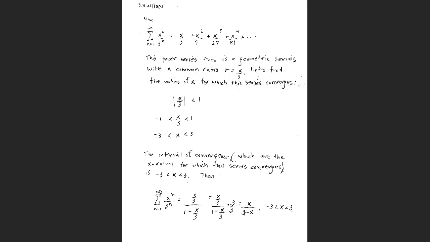If I take the first term, x over 3, what must I multiply x over 3 by to get x squared over 9, which is the second term? x over 3 times what equals x squared over 9? Yeah, that's right, Rodrigo, x over 3.